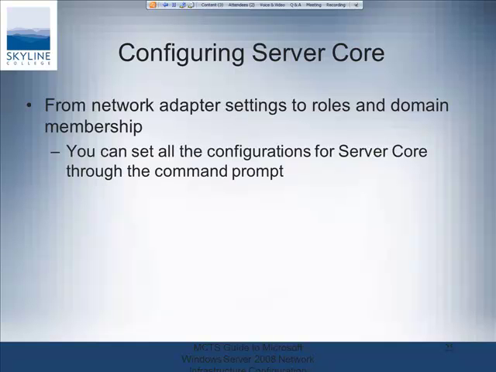Configuring the server core, you set all the configurations through the command prompt. There is that link that has the commands. The basic commands that you need are in the book to rename it and to set the IP address. I just want you to do right now, through the first 3 chapters, is rename it based on the standard that's in the book and set an IPv4 IP address.